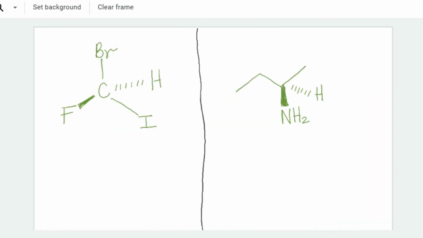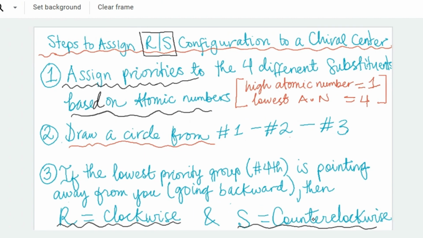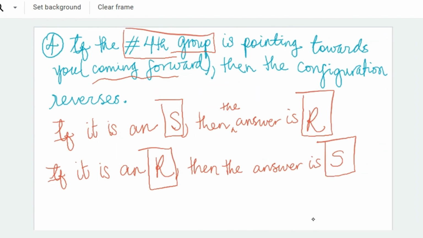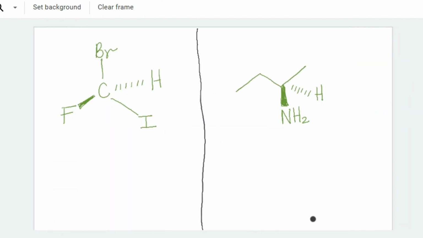Now we are going to do a bunch of practice problems that a lot of you have been dying for. So the first thing you remember we do, we assign priorities to the four different substituents. We see that iodine is the largest, so that's going to be number one. Bromine is number two, the second highest atomic number after iodine.